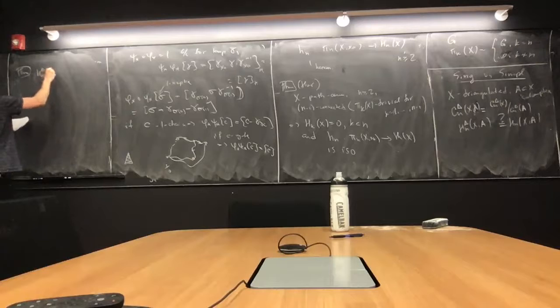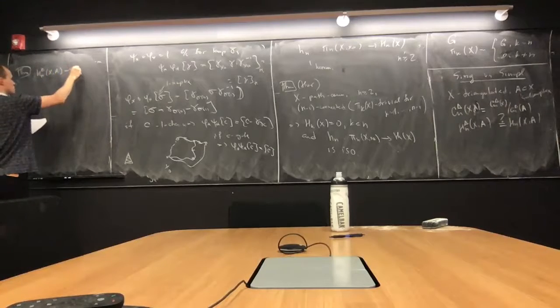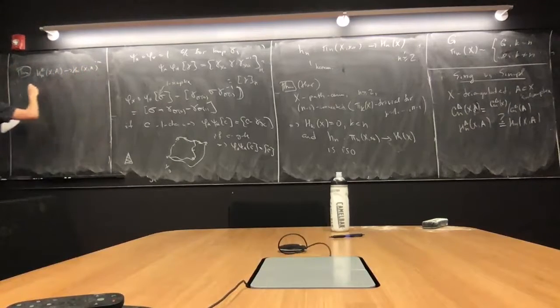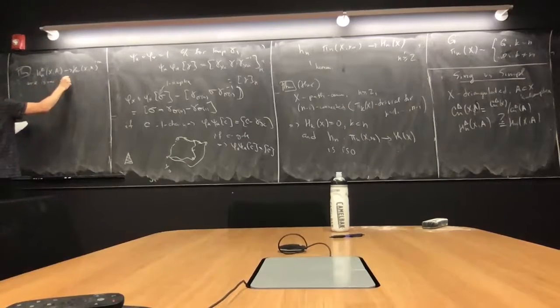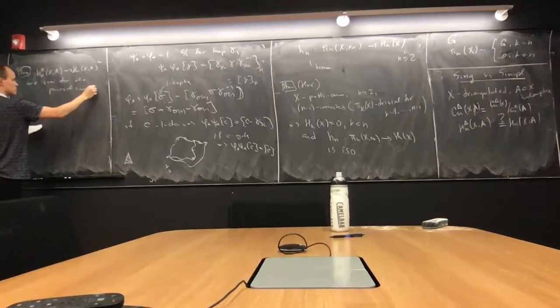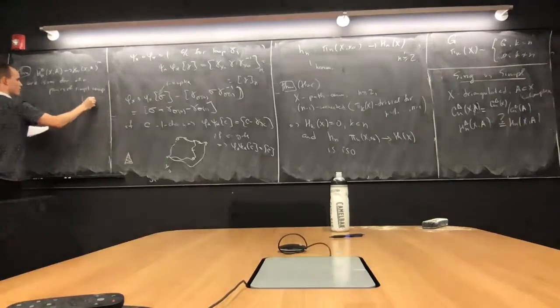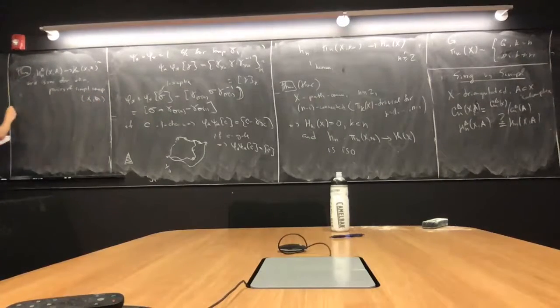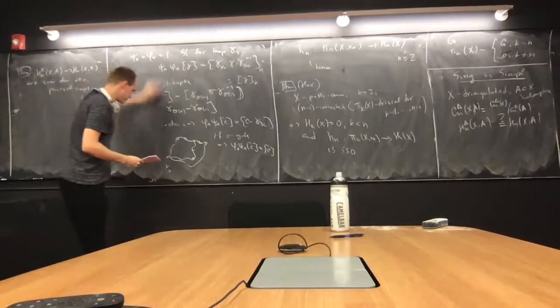So these homomorphisms Hn of X, A are isomorphisms for all n and all pairs of simplicial complexes X, A. The proof is based on this very cool diagram.